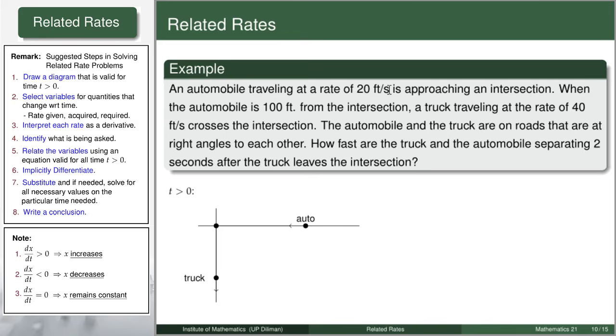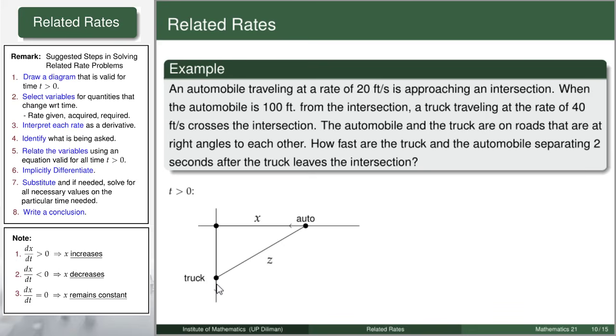Since we have something over dt every time, then the feet will be a unit of length. So I will be letting a length here, and I think a good length variable here will be this x. Another rate that is given here is the 40 feet per second, and this is for the truck.